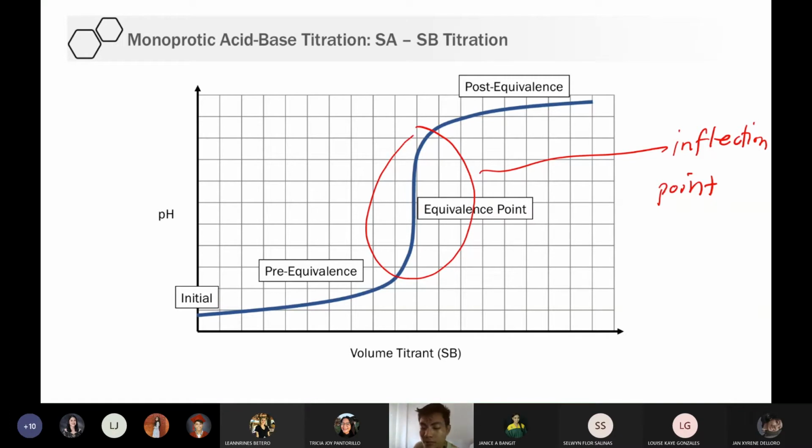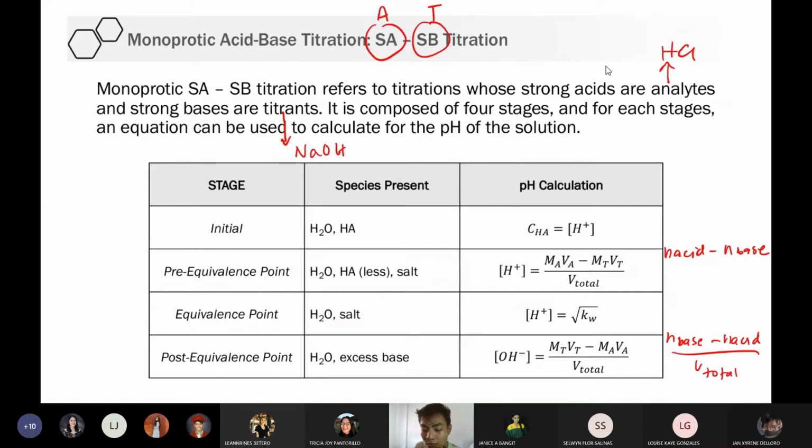Kung masama loob niyo sa calculus, okay lang. Pero again, ito dito sa inflection point, ito yung equivalence point. Dito siya makikita. Okay. So yan. Diyan siya. Okay. So again, remember for every stages, there is a corresponding equation.